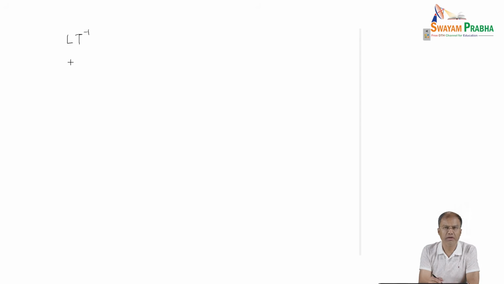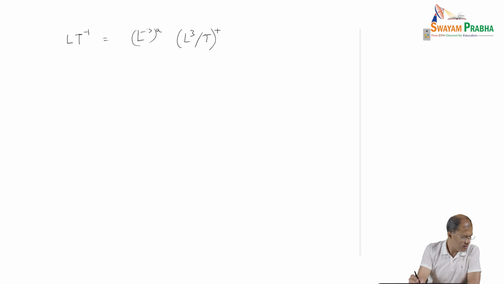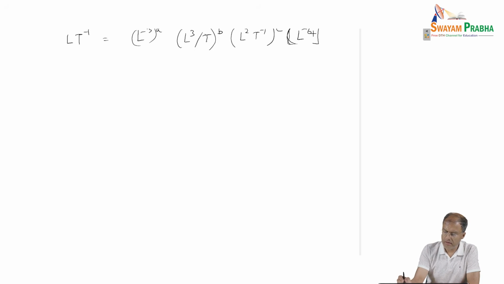On the left hand side we have the velocity, so L T to the minus 1, and this is equal to L to the minus 3 to the power A, and then L cubed by T to the power B, and then L squared T to the minus 1 to the C, and L to the minus 6 to the D.